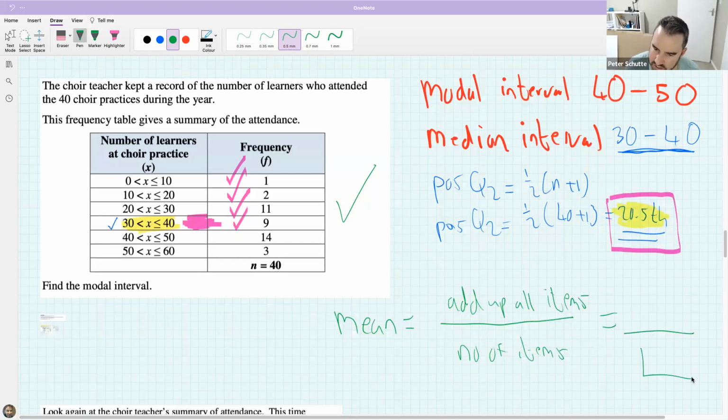How many items are there in this data set that I'm doing at the moment? This one that the quiet teacher kept a record of. They're not actually 7. So there's 7 intervals of data, but how many actual items fall into those intervals?